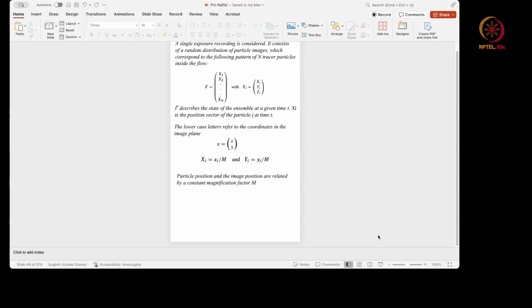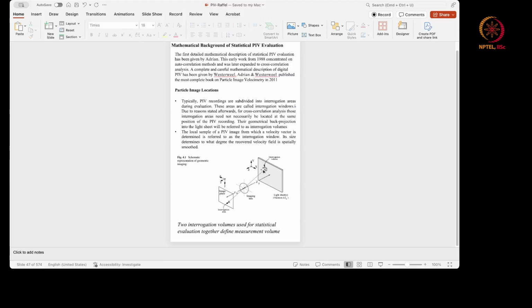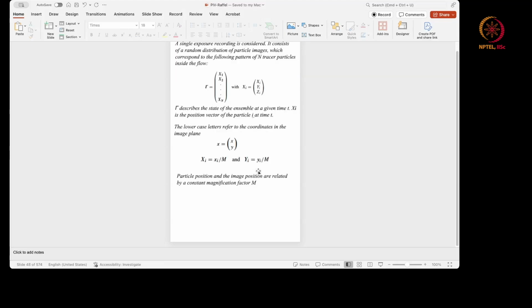If you go back once again, you will see that these are the capital X, Y, and this is basically an ensemble, the state of the ensemble at a particular given time t, where X_i is the position vector of the particle at time t.